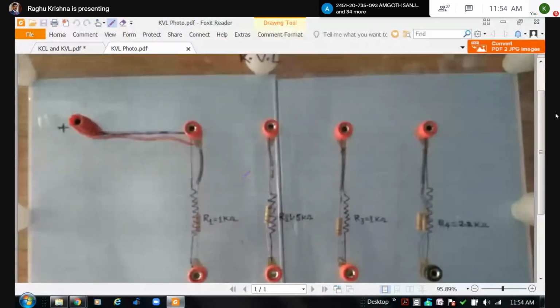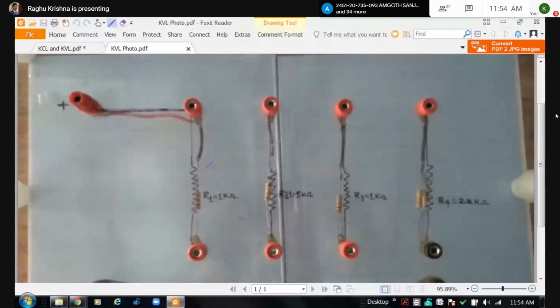See the kit. Here R1, R2, R3, R4. All are taken vertically, because if you keep these resistors in horizontal position, the size of the kit will be large.